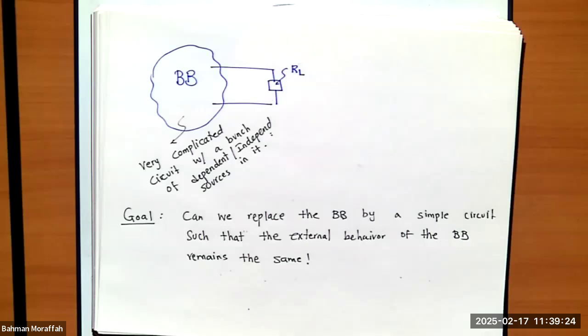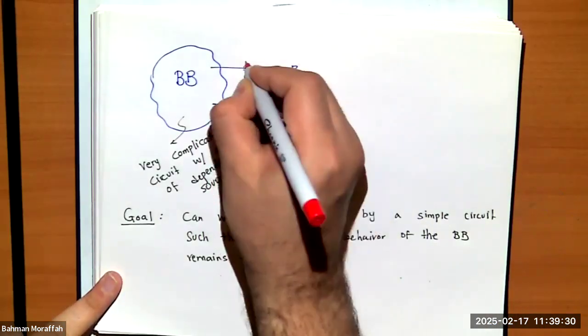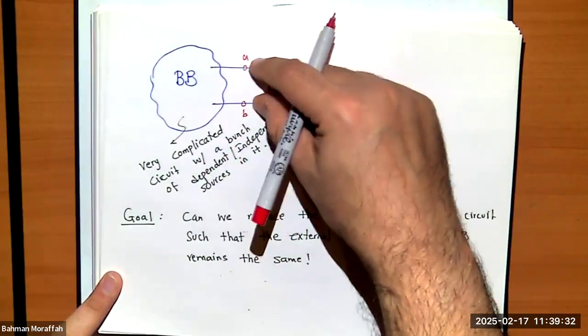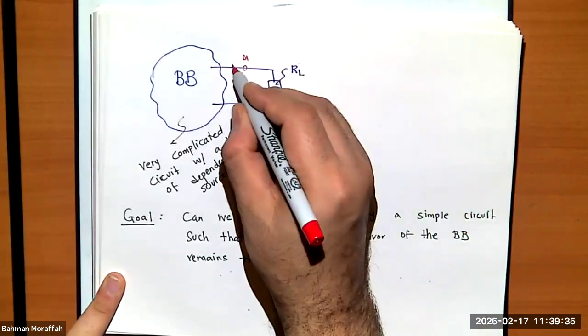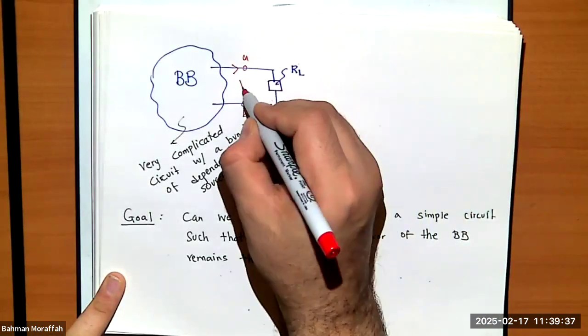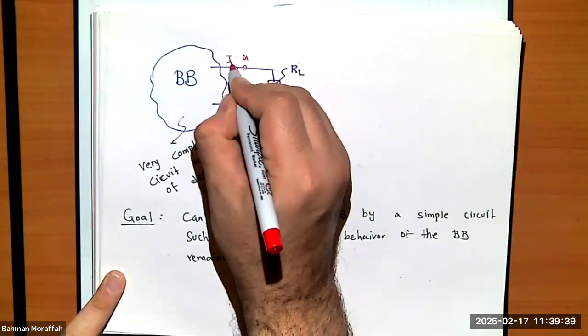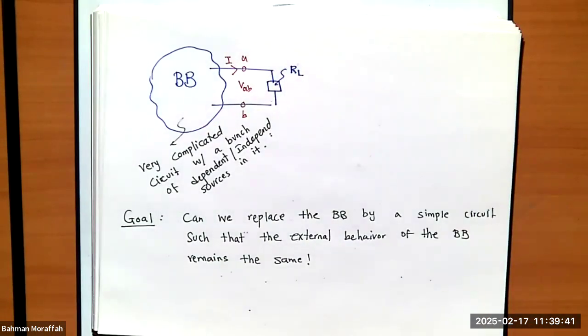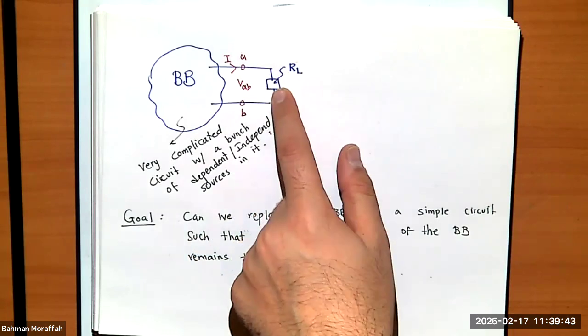Again, I don't really care what's going on inside the black box as long as I know what's going on here. Let's just call it A and B. As long as I know voltage across A and B or current through here, right? I can solve for whatever I want about this RL.